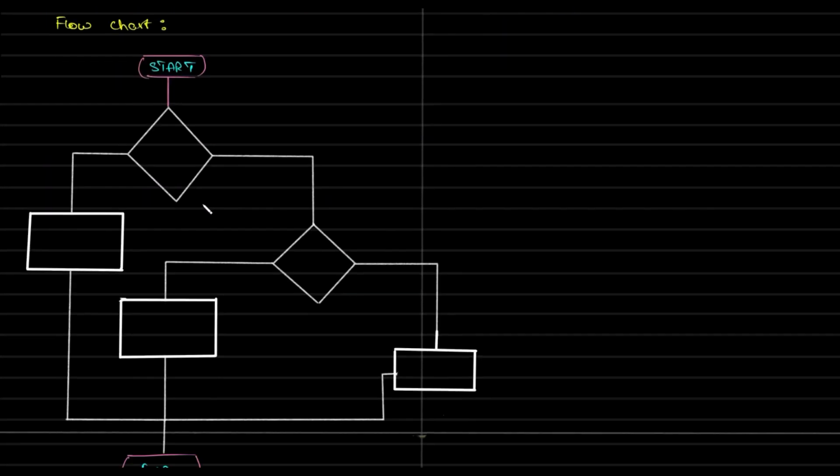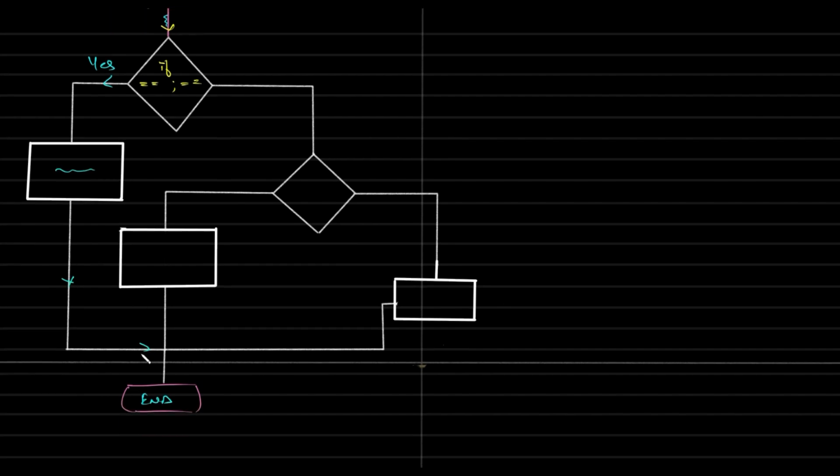So I'll explain it to you with the help of a flowchart. The program starts, a lot of coding in between, and then we have the if condition with two conditions. If this is satisfied, yes, this is satisfied, and the program will flow like this. The code is executed, and it will exit the conditional loop.